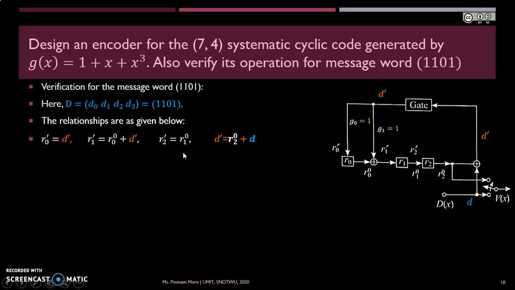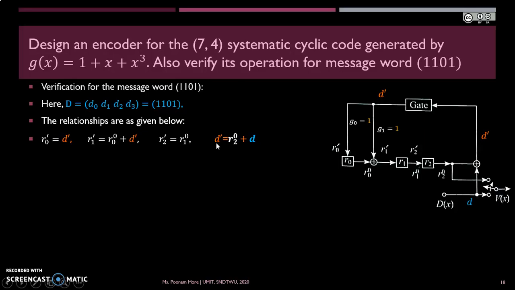Then the input for the shift register R1, that is R1 dash, is equal to the XOR of R00, the output of the R0 register, and D dash. Similarly, the input for the register R2, that is R2 dash, is nothing but the output of register R1, that is R10.